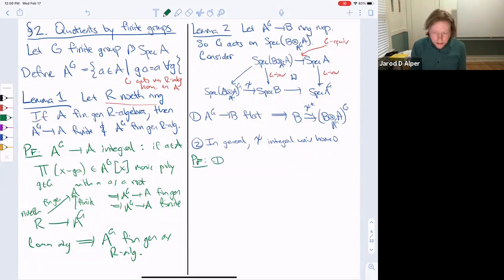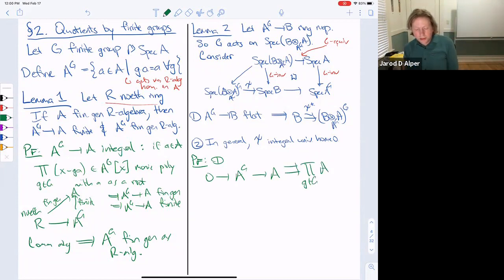We just realize that the invariant ring sits as the equalizer of this diagram, where one map is the diagonal inclusion, and the other map is given by multiplying by elements of G. And then because tensoring is exact, oh, no, I got that wrong.